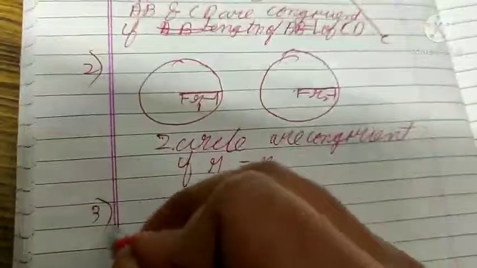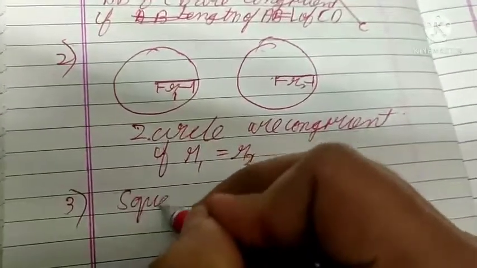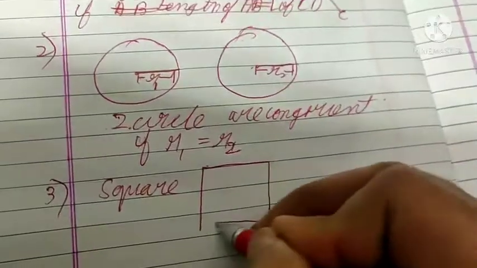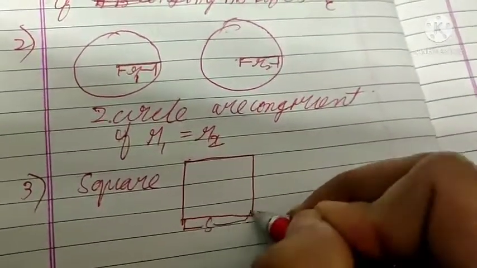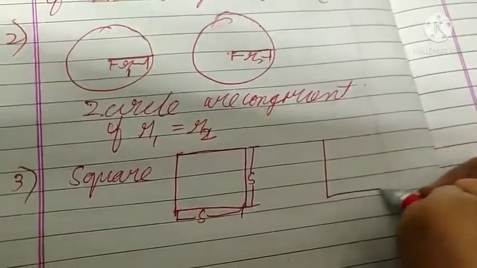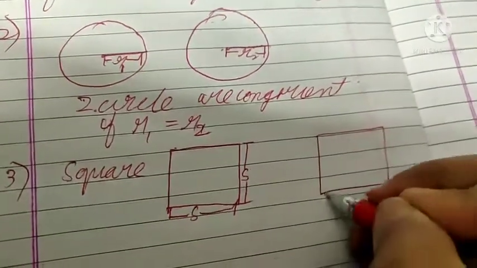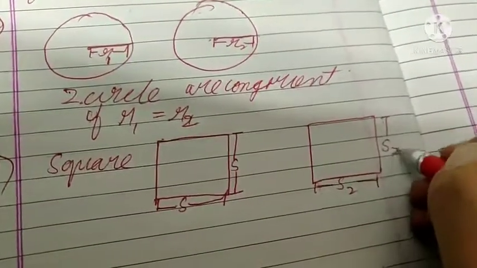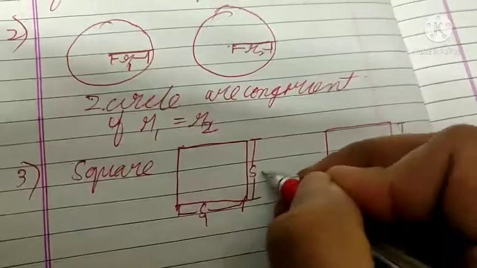If I talk of a square, all its sides are S. This is S2, S1.